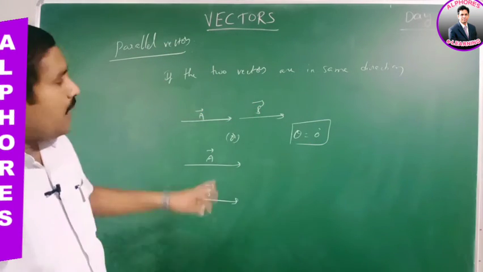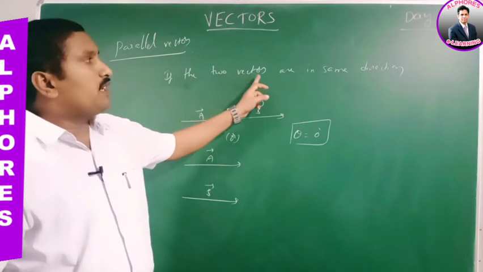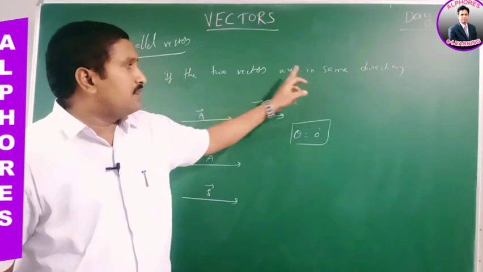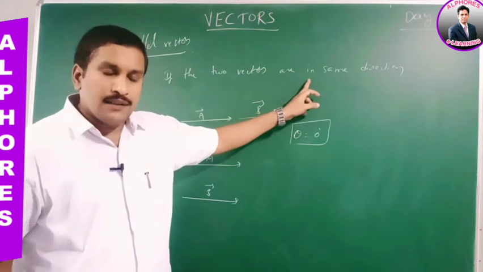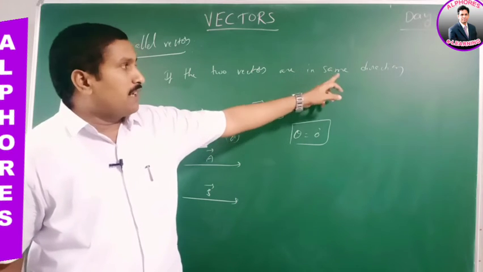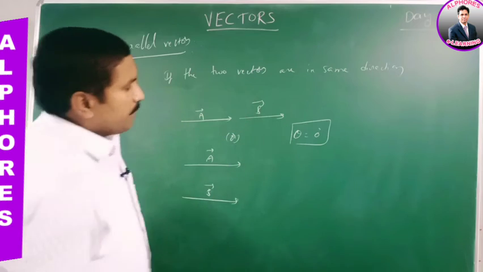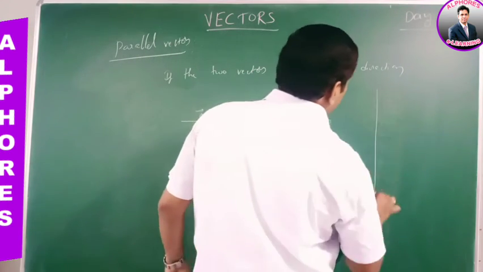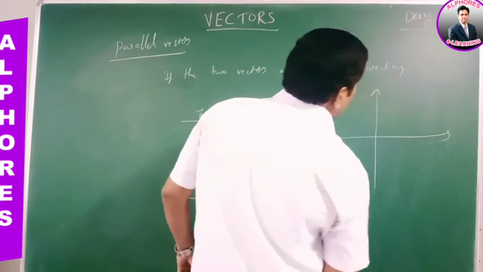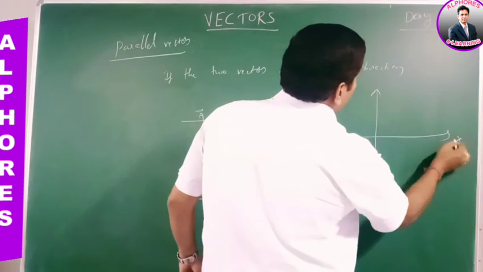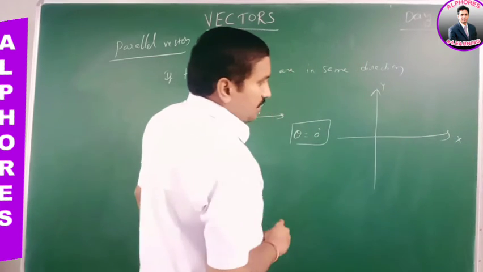That means parallel vectors are two vectors aligned in the same direction. I am giving one example for this. Let us say this is the x comma y coordinate system, a two dimensional coordinate system.